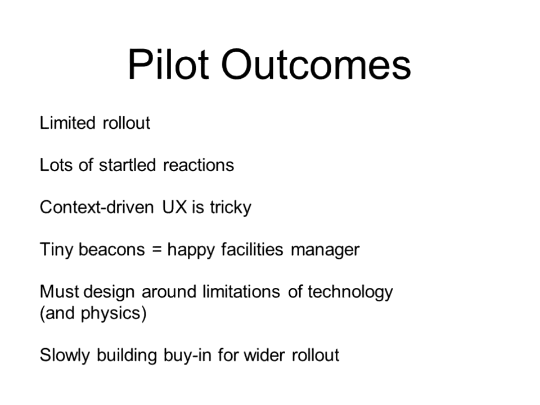I mentioned some of the limitations, but this is one of our outcomes that we realized: you have to design around the limitations of technology as well as physics. We can change technology, but we can't change physics. There are limitations to the consistency of the signal that these things deliver, which creates some anomalous results. The battery life sometimes is better in some beacons than others. And then also physics.